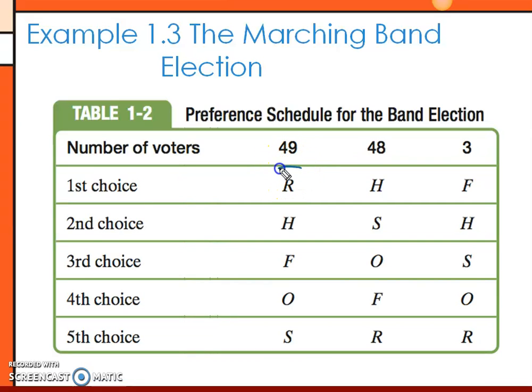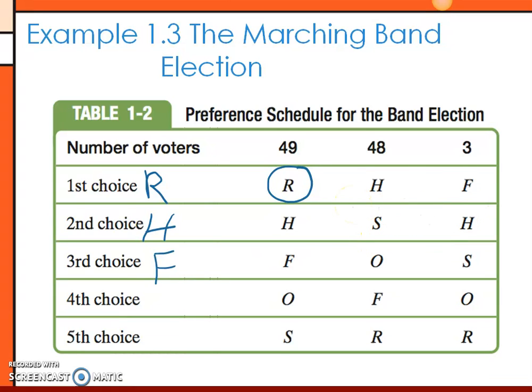It looks like the Rose Bowl got the most first place votes, so the Rose Bowl got first in this election. The Hula Bowl, so Hawaii, got the second most first place votes. Notice it doesn't matter what they put for second, actually. Then the Fiesta Bowl got 3 first place votes, and that'd be your full ranking, because after that, no one put any of these other ones in first.